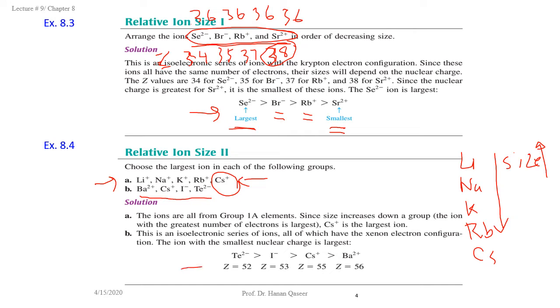And the solution here, you have to find the atomic number for these atoms. Te 52, I 53, cesium 55, barium 56. Then the number of electrons: Te2 minus, 54, 54, 54 electrons, 54 electrons. These are isoelectronic. As Z increases, size decreases. We expect the size of barium 2 plus to be the smallest.